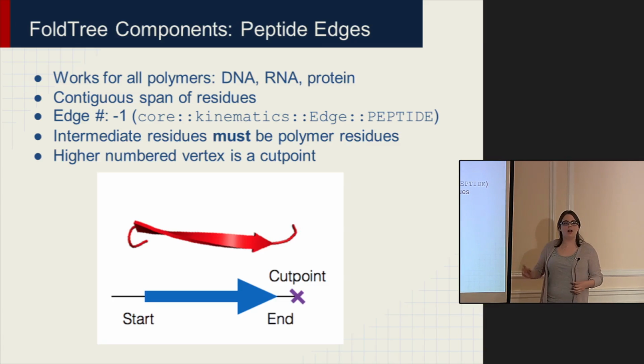When you construct an edge, you can refer to them by -1, or you can call them core kinematics edge peptide, which is the enumeration or name that you can use to construct a peptide edge. What's important to know about peptide edges is that residues in the intermediate must be polymer residues. And the higher numbered vertex of a peptide edge is a cut point, which I'll talk about in a second.